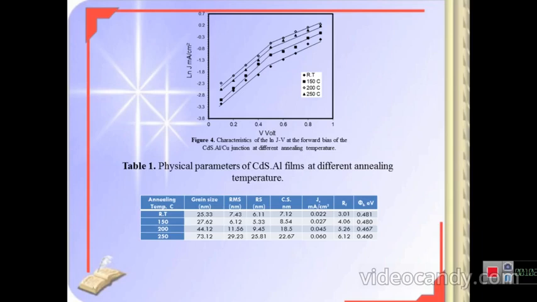The annealing temperature improves the topography, structure, and electric properties of the film diode by making the surface smoother and increasing the crystalline state, as well as increasing both the rectification factor and saturation current, and decreasing the barrier height value.